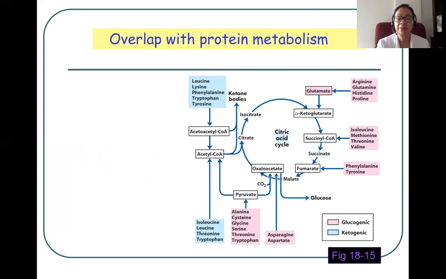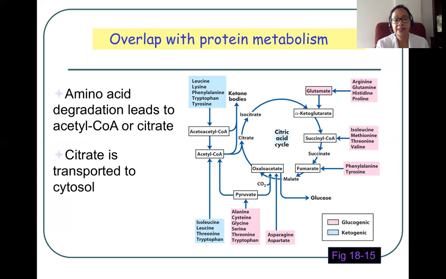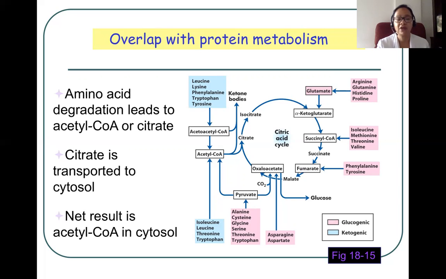Aside from overlapping with carbohydrate metabolism, it also overlaps with protein metabolism. So never forget all the lectures you had. You're done with carbohydrates, now you're with fat, and then when you go towards protein metabolism, everything is interrelated. There is an overlapping with all this metabolism.